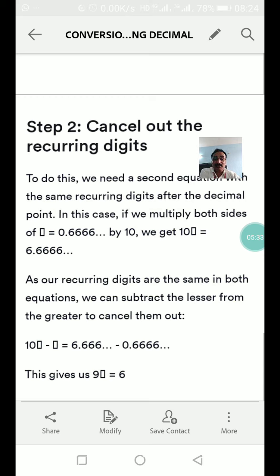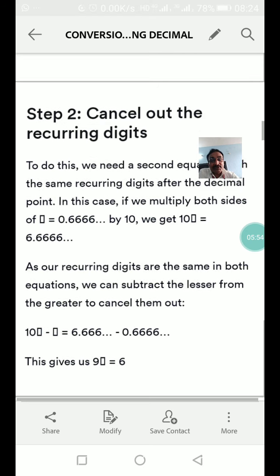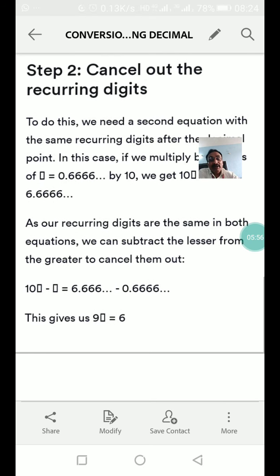Just like you have x equal to 0.666 and 10x equal to 6.666. Now, 10x minus x equal to 6.666 minus 0.666, and this gives us 9x equal to 6.